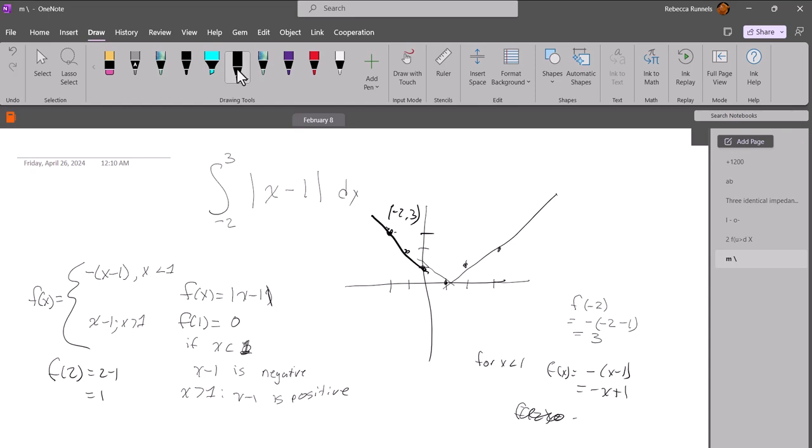And then f of 3 is the absolute value of 3 minus 1, which is 2. So the integral would be this area, and all of it positive.